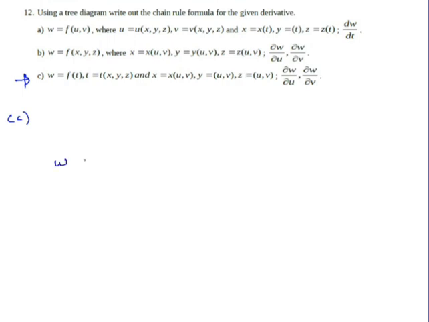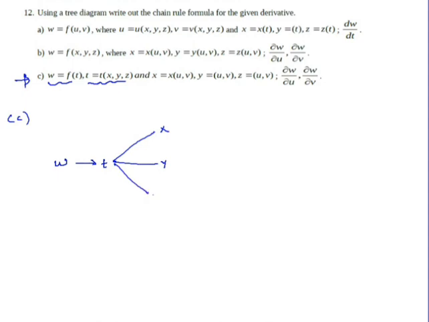Coming to part c, w is a function of one variable t. Okay, w is a function of one variable t, but t is a function of three variables x, y, z. We know t is a function of x, y, and z.